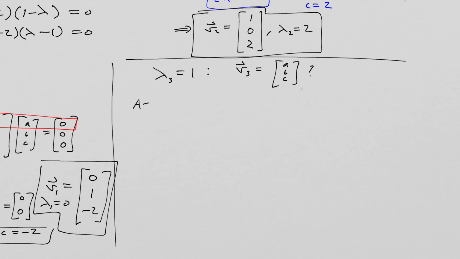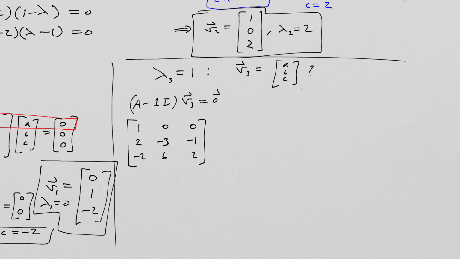Our A minus 1 times I multiplied by v3 is going to be equal to 0. And that equation, if I write out the matrix explicitly, is going to be 1, 0, 0, 2, negative 3, negative 1, and then negative 2, 6, and then 2. We have an a, b, and c.